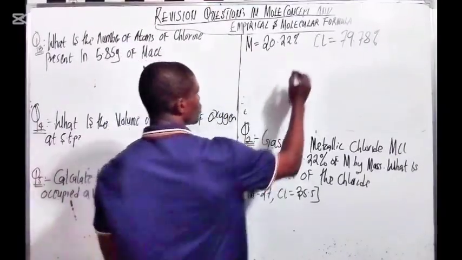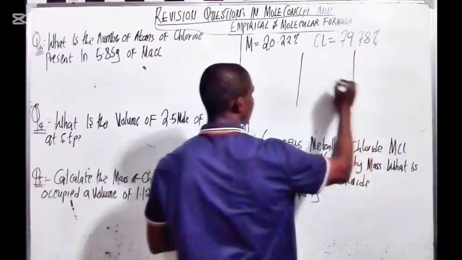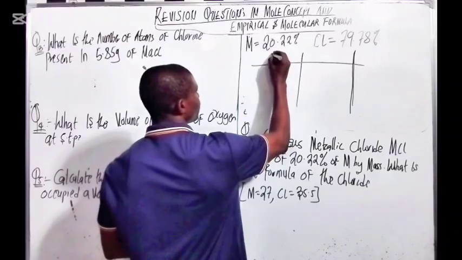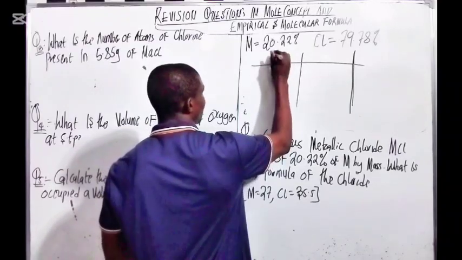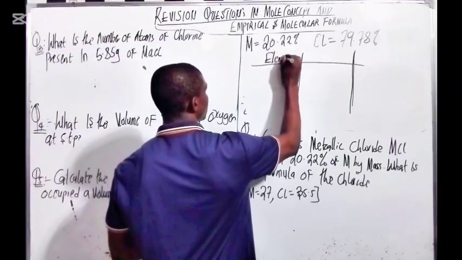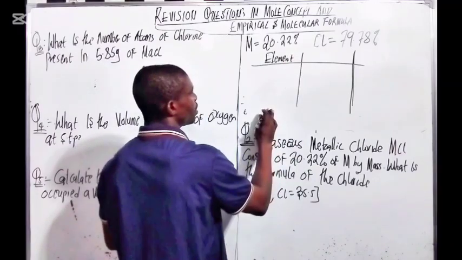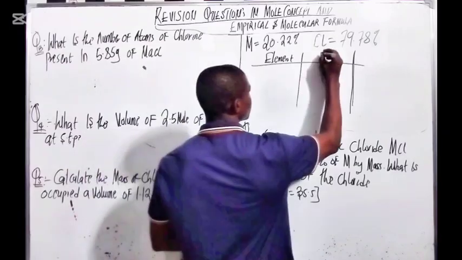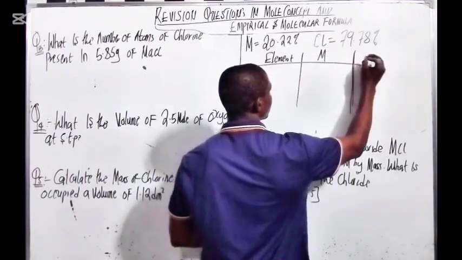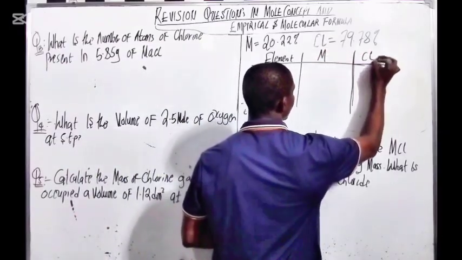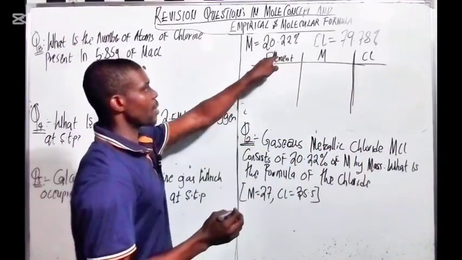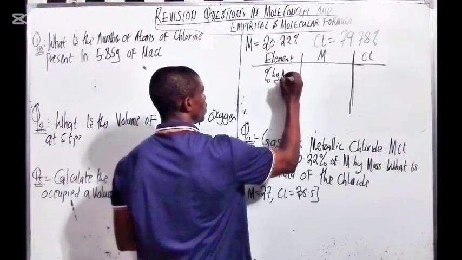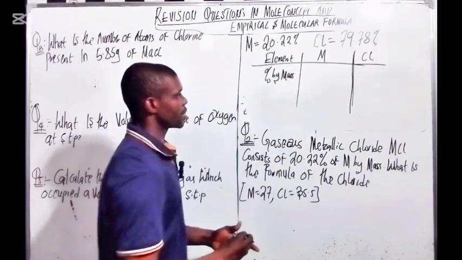So now, how do you solve the empirical formula here? It's very easy. I want to draw a table here. I like using a table, right? So you have the elements here, and here we have the percentage by mass, right?